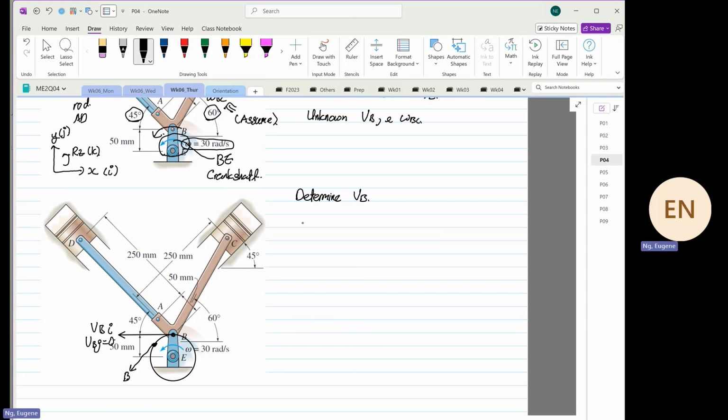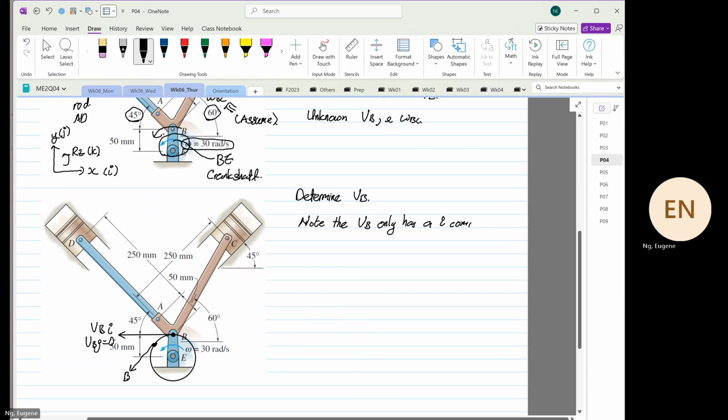So we are going to determine our VB. So we note that VB only has an I component. So if we form the expression, we are going to analyze rigid body BE.